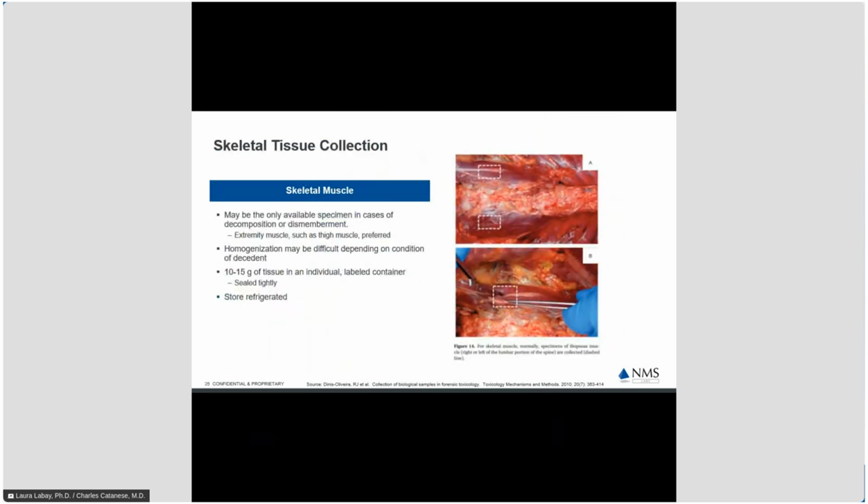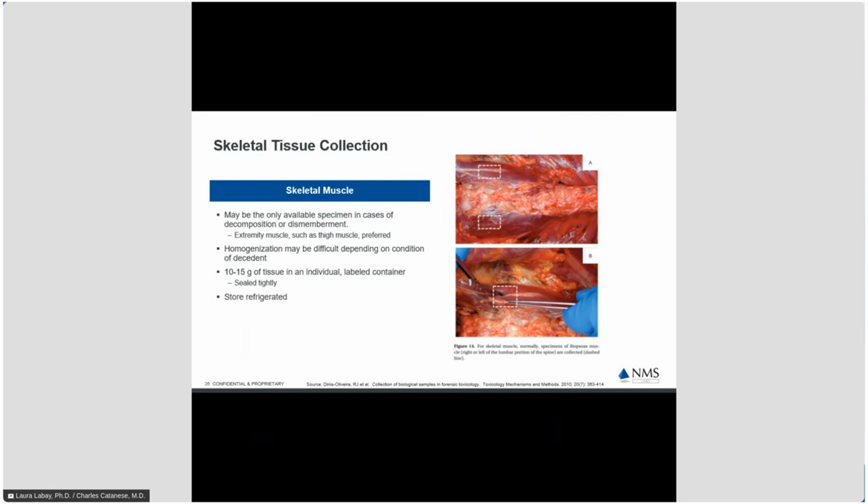In submitting skeletal muscle, it's important once again to get a clean sample. What I would usually do is go to an internal muscle, cut into it, and then take a portion of internal muscle to submit.